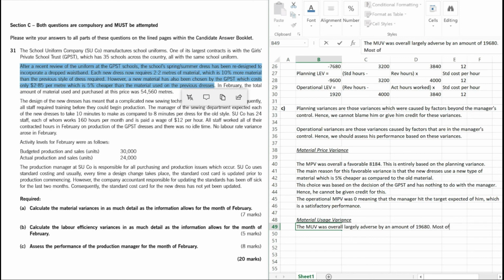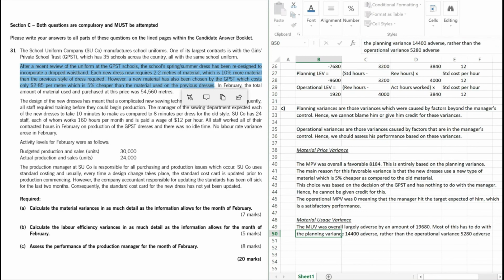Most of this has to do with the planning variance, which was 14,400, rather than the operational variance, which was 5,280 adverse, right? Let's just mention this was adverse as well.